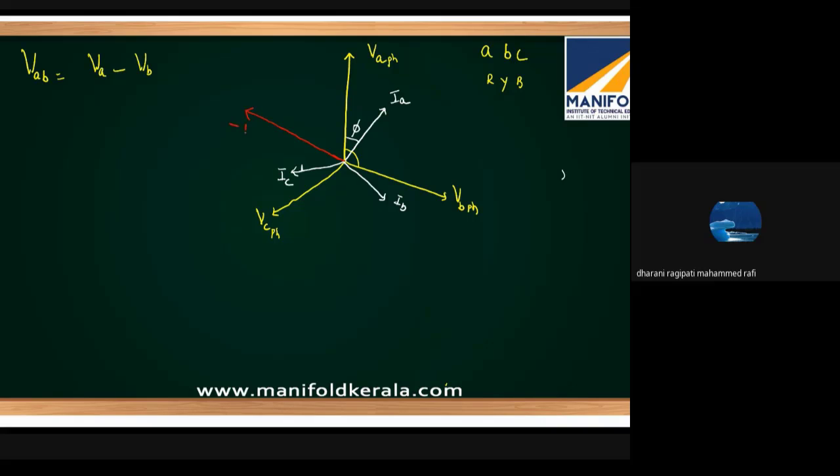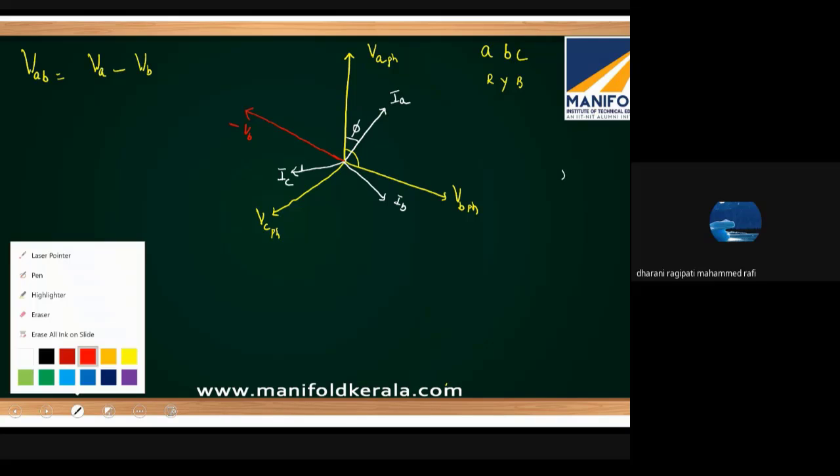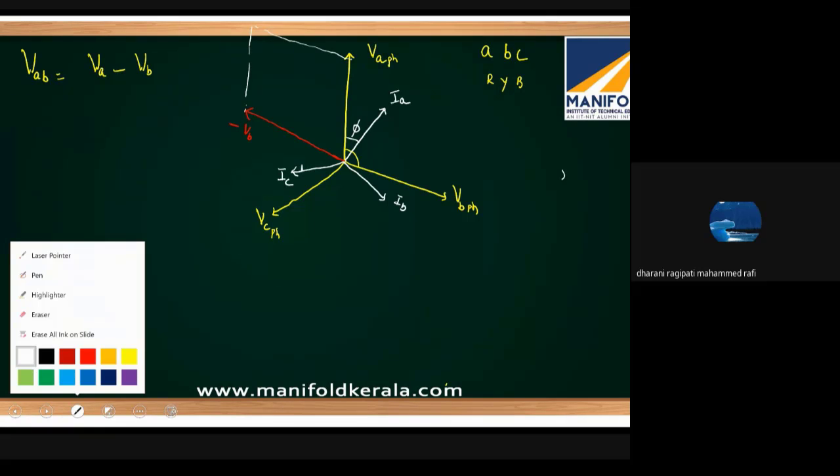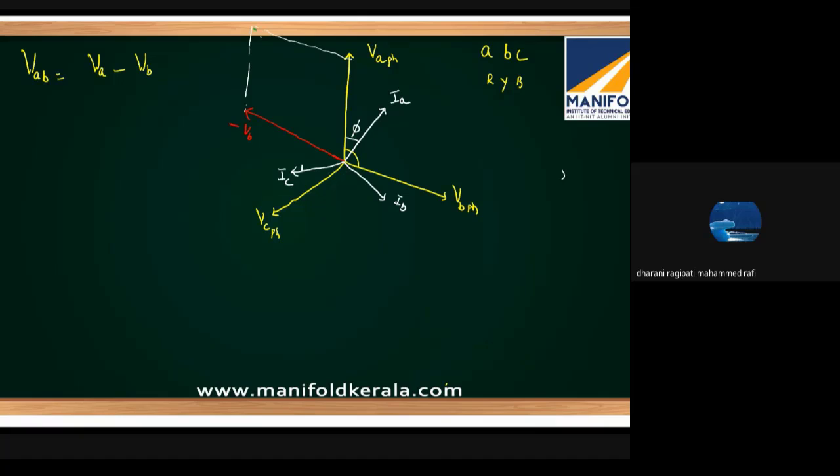This is minus VB. And if I add these two phasors, by using parallelogram law, the equivalent would be like this. So this is your VAB. If it's not visible, I'll write it here.